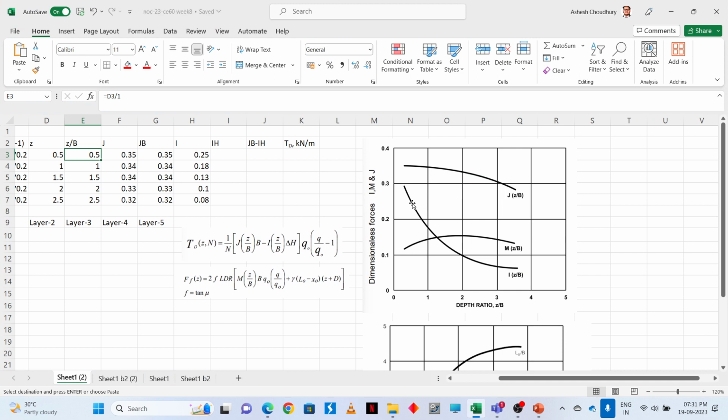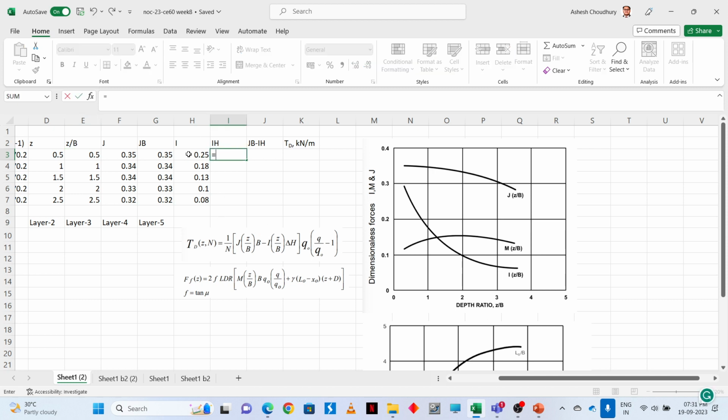For 1, I is approximately 0.18. For 1.5, approximately 0.13. For 2, approximately 0.1, and for 2.5, approximately 0.08. Alright, so like this you get I.